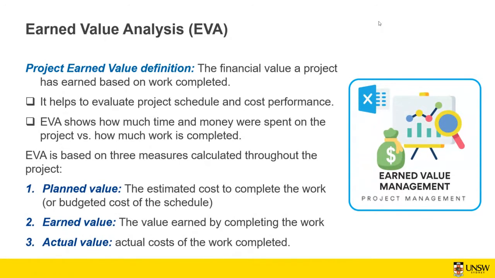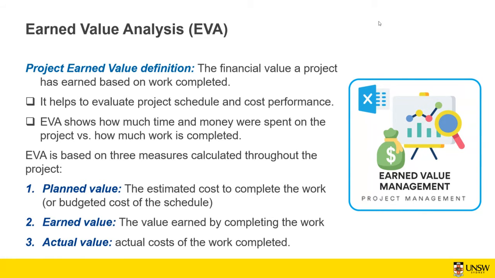Okay, so another thing that you need to monitor and control during project execution is the earned value analysis. Earned value analysis is a quantitative way that you can monitor and see how every task and the project in general is going forward.